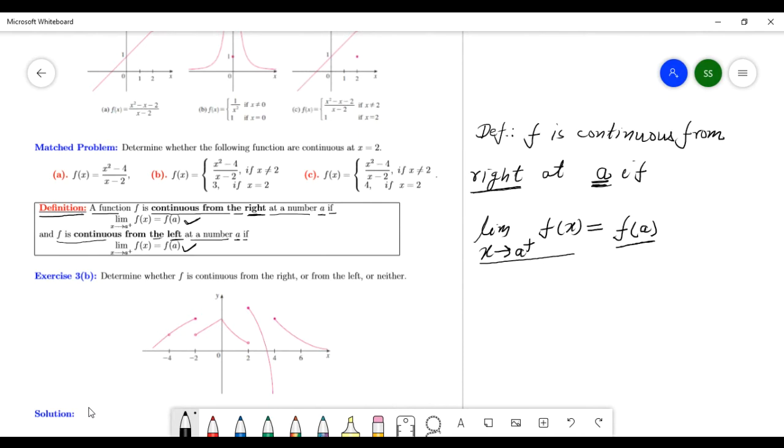And function f is continuous from left at this number a if this condition holds.